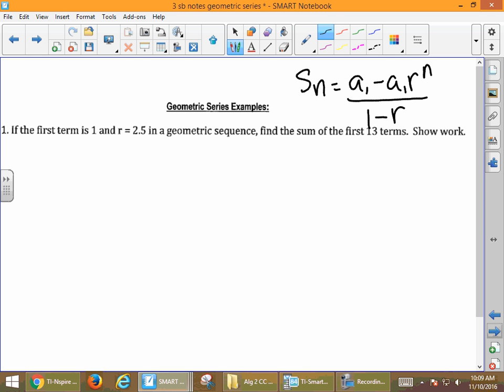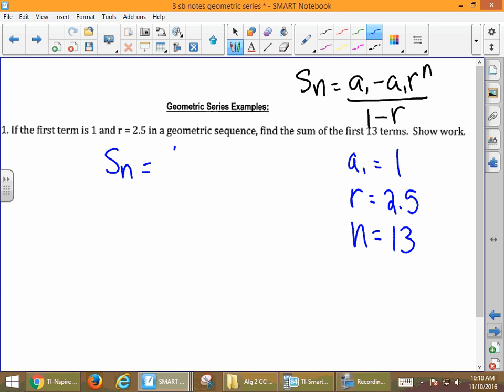It says if the first term, that means this time that a sub 1 is 1, and our r is 2.5, find the sum of the first 13 terms. What's 13 in this problem? It's the n. So now we can see the formula up here. We want to find our sum. We're going to add all these values together.